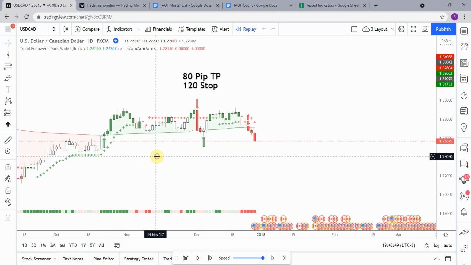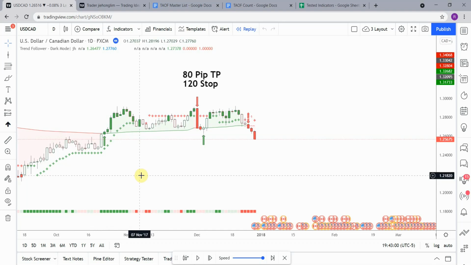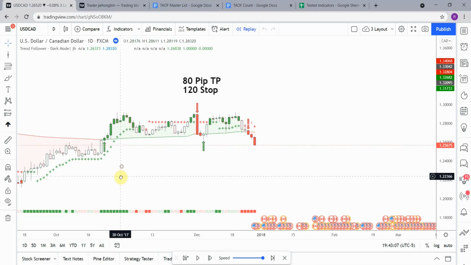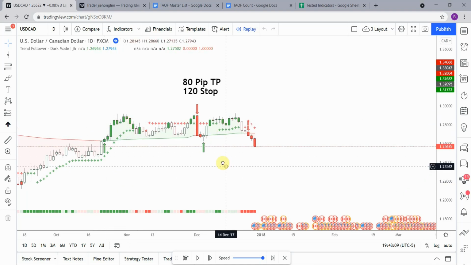And then what we need is a green arrow, and we also need the bar coloration to be green.